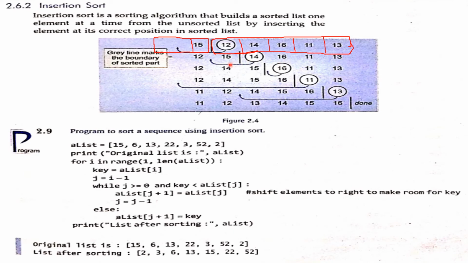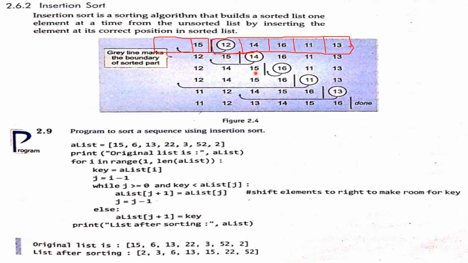So now this is the sorted list and this is the unsorted sublist. The same way the next element is taken, and it is also put in the right place. It is placed here before 14. So now 15 is shifted to the place of 14, and 14 is inserted here before 15.